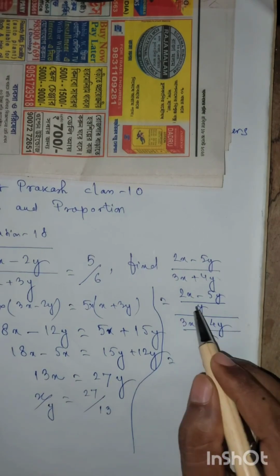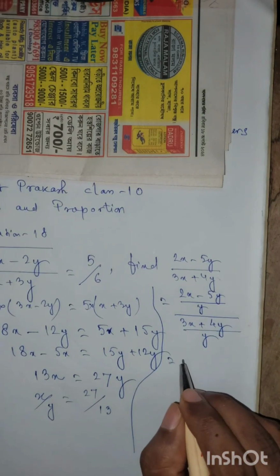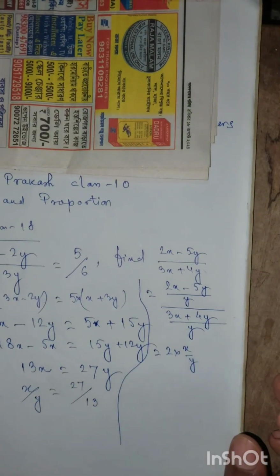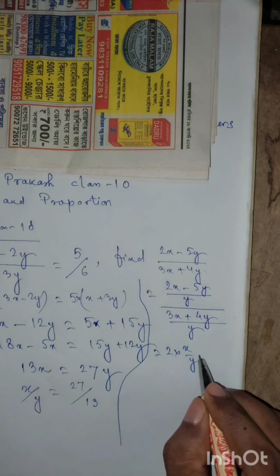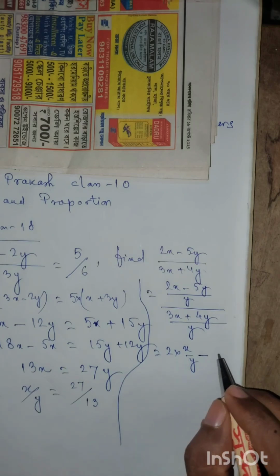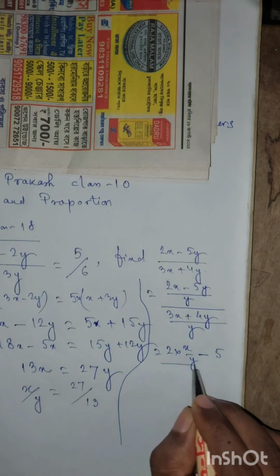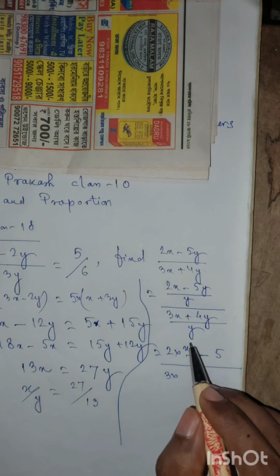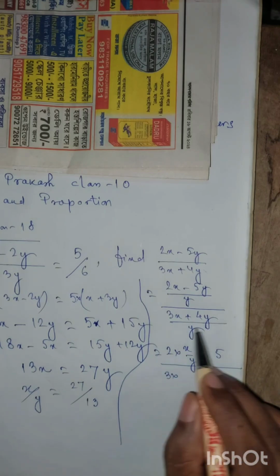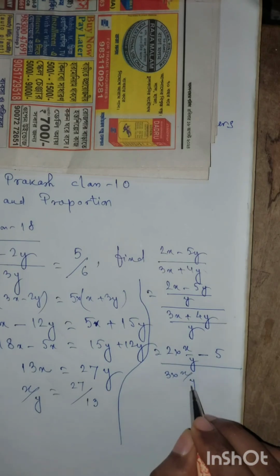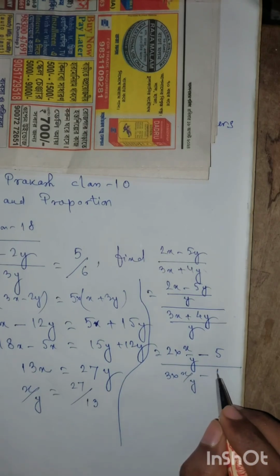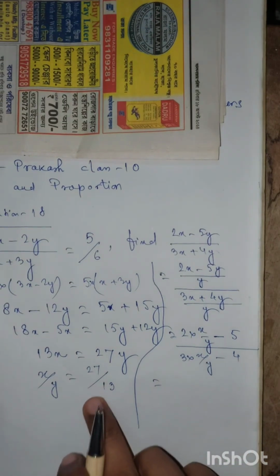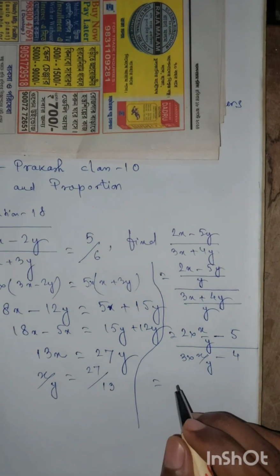Now let us distribute y to both these terms. Similarly, distribute y to both these terms. Now we can put the value of x by y from this equation, 27 by 13.